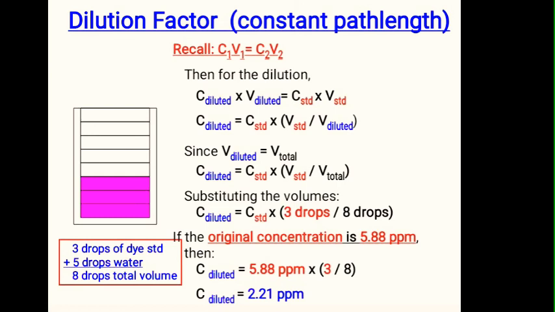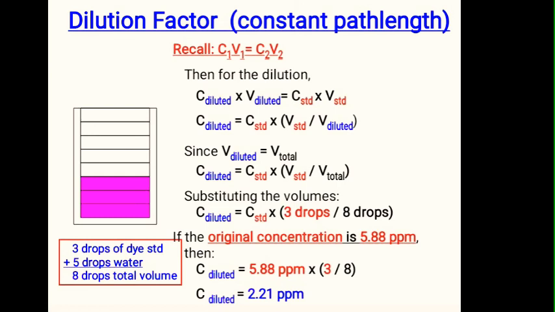So if we take any solution, we have to measure two colors, that is the standard one and the test. Both standard and test are standardized for the test of biochemical compounds. Since V diluted is equal to V total, C diluted = C standard × V standard / V total. Substituting the volumes, C diluted = C standard × 3 drops / 8 drops.